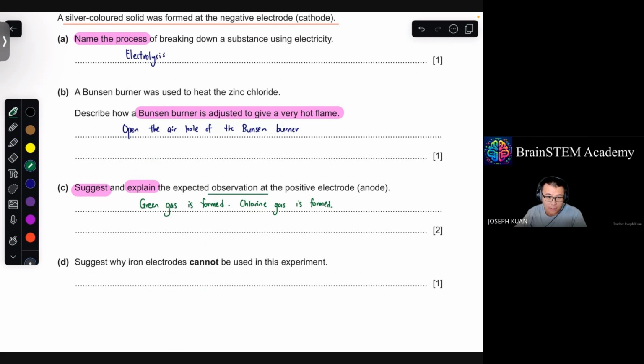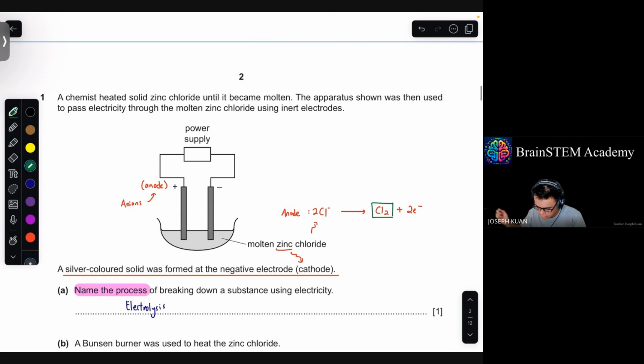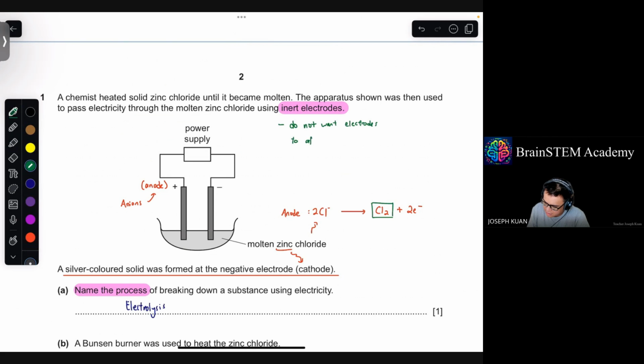As mentioned in the question itself, this experiment is carried out using inert electrodes. Inert electrodes are usually used because we do not want electrodes to affect the outcome. All right, you're doing electrolysis of zinc chloride.